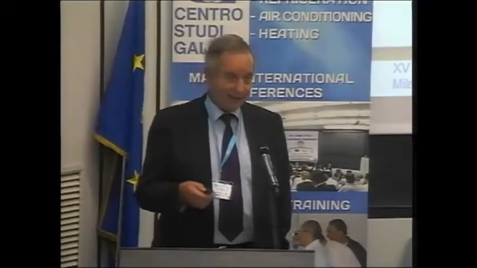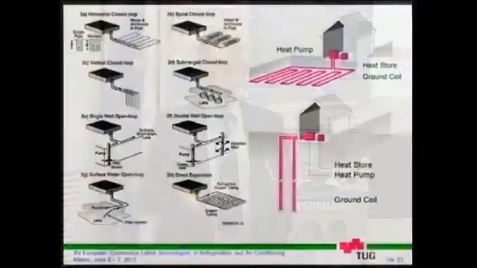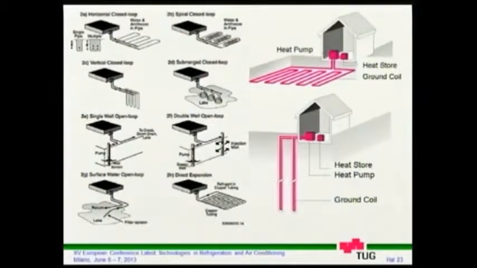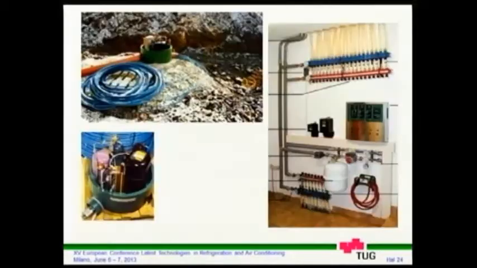If you make a ground collector, that means if you have also to consider the heat transfer from the ground, which is in this case a store, to the refrigerant, by reducing the capacity of the heat pump, you increase the evaporation temperature because the temperature loss from the ground to the refrigerant can be diminished.